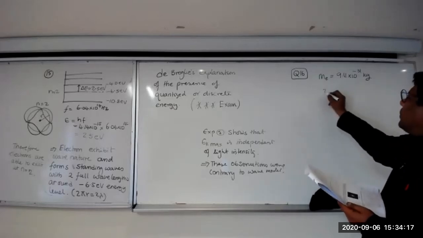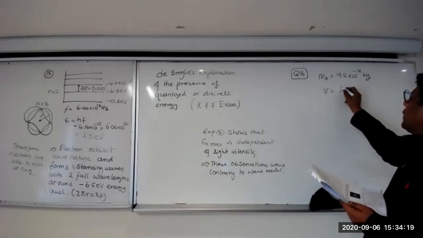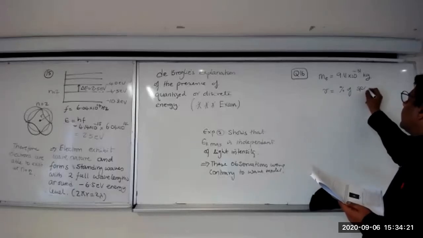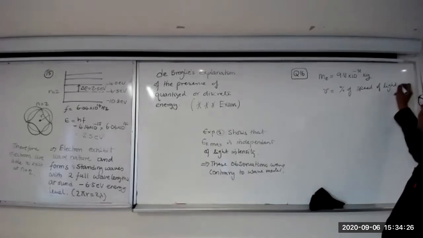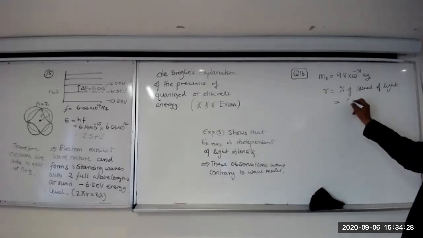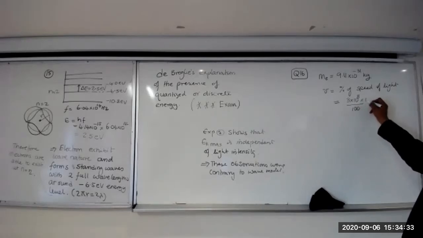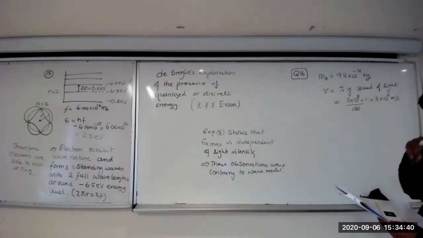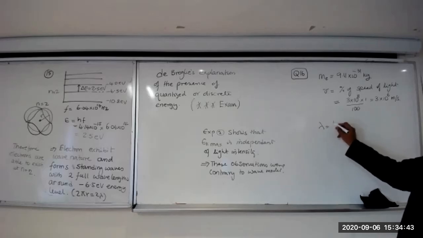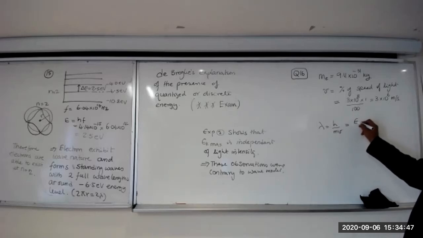And it's traveling, the speed is 1% of the speed of light. 1% of the speed of light means 3 times 10 to the power 8 divided by 100 times 1, 10 to the power 6. So then you can find the de Broglie wavelength, h over mv. Always remember for de Broglie wavelength, you need to use 6.63 times 10 to the power negative 34.